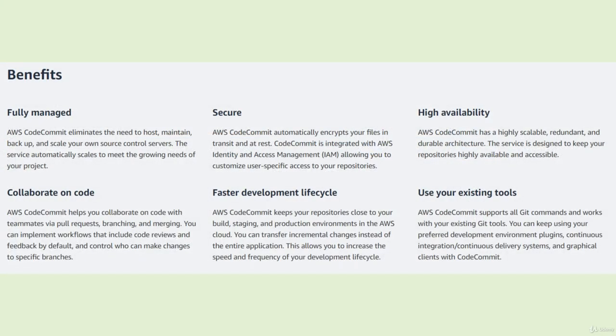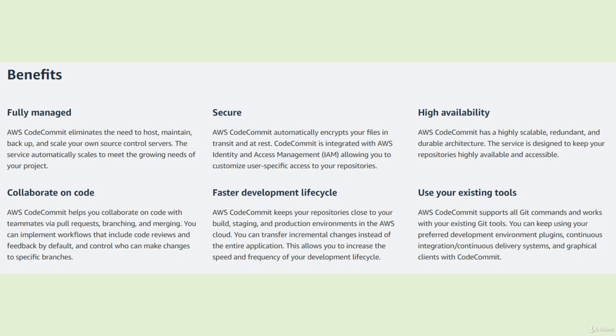Here are the huge benefits of CodeCommit. It is a fully managed system, so you don't need to host, maintain, and back up the system. You can collaborate on the code with your team, where you can have pull requests, branching, merging, and the complete version control operations that you get with Git. It is secure. Here you have a faster delivery lifecycle.